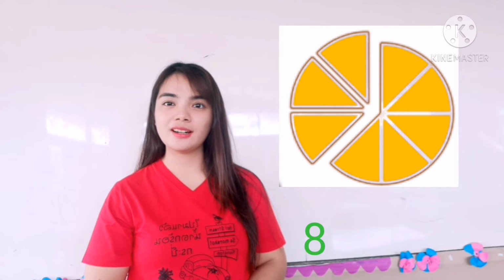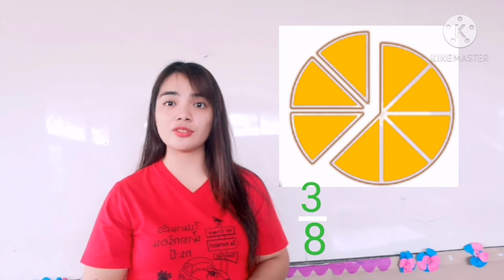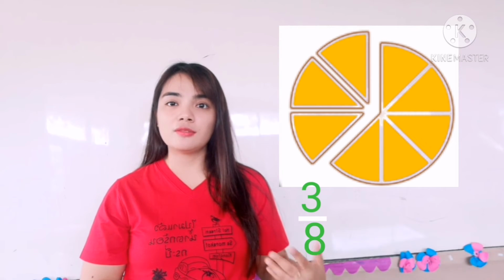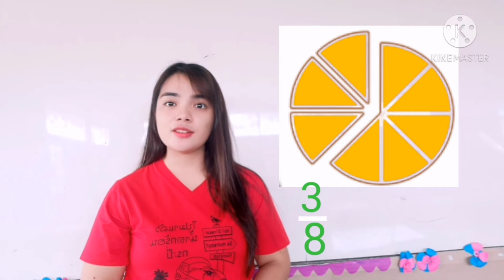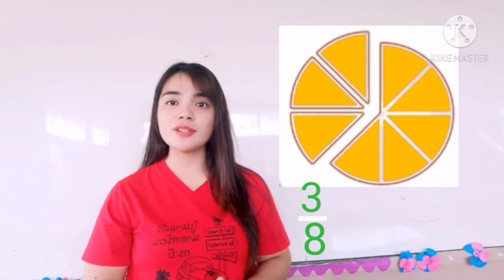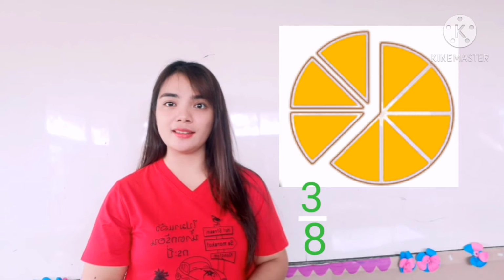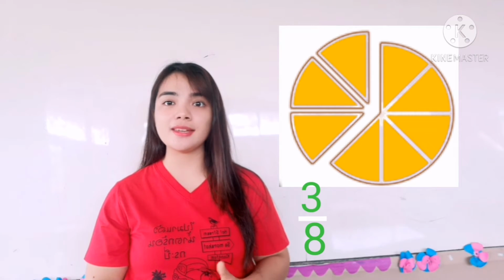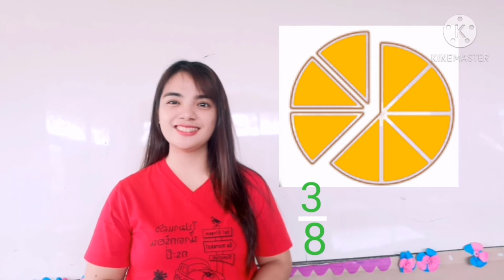There are 3 parts or 3 slices being eaten. So our fraction there is 3/8 because 3 represents the parts being eaten and then 8 represents the slices of this pineapple pie to make it as a whole.